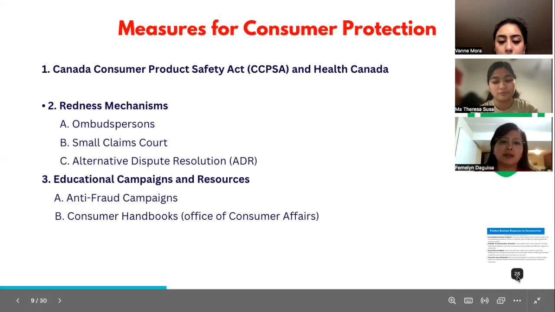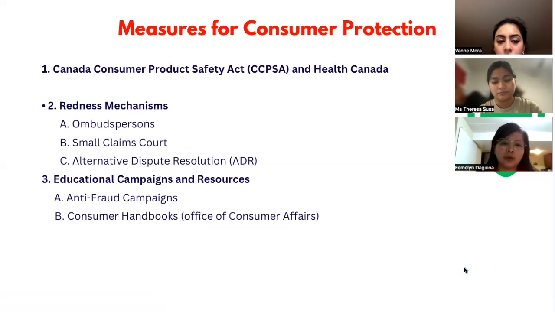For example, if a consumer bought a faulty product and the company refuses to refund, an ombudsman can help resolve the issue. Second is the small claims court, a simpler, more affordable way for consumers to settle disputes over money, such as getting a refund for a product that didn't work or was defective.